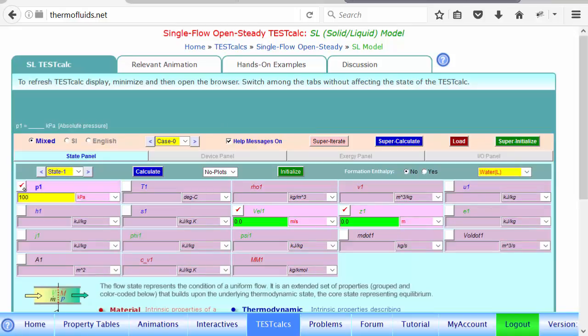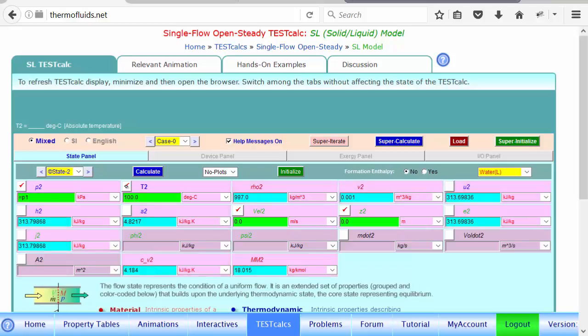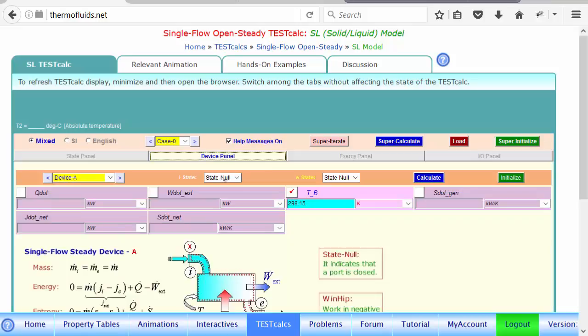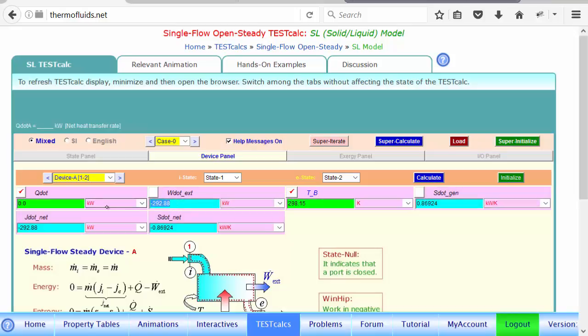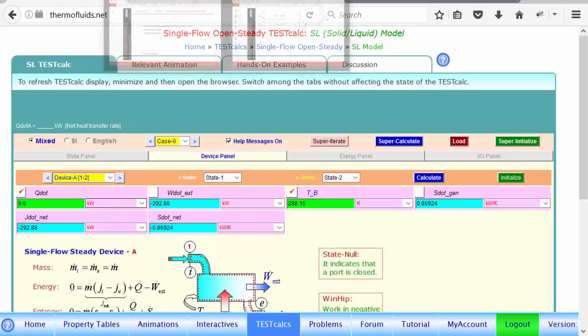State 1: 100 kPa, temperature is 30 degrees Celsius. M dot is 1. We are neglecting KE and PE, so we don't bother with that. State 2 equals P1, and the temperature we know becomes 100 degrees Celsius. There is no quality in case of solid-liquid models. We must apply the temperature. And now that we have found states 1 to 2, Q dot equals 0, and we get minus 292.88, minus 293. Not bad.